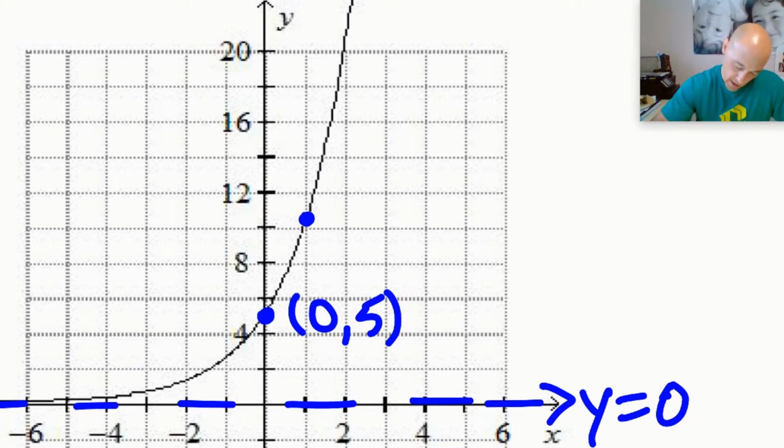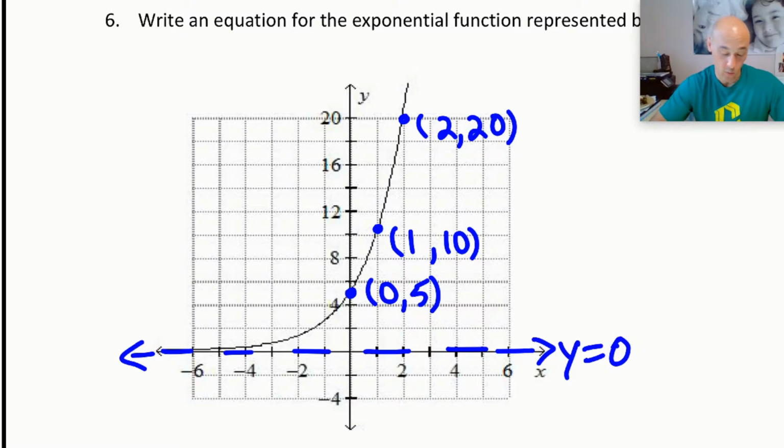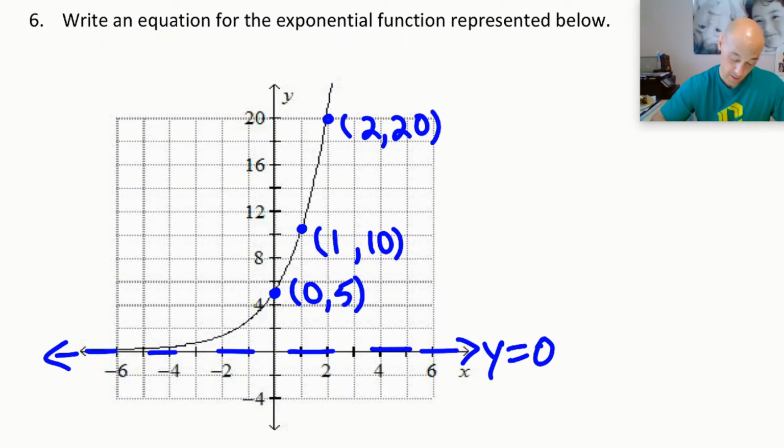I'm going to guess that it is 10 and that this is 20. If it's not, then it's kind of hard to be able to say what else. It'd be hard to tell what the equation is.